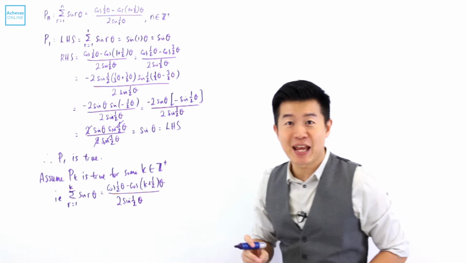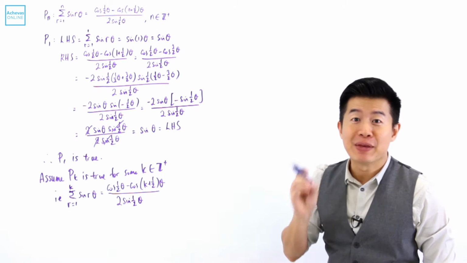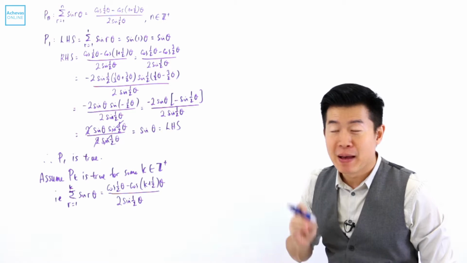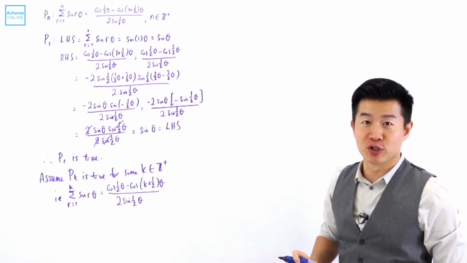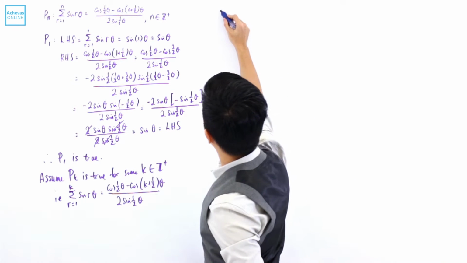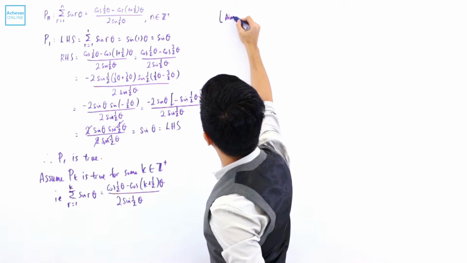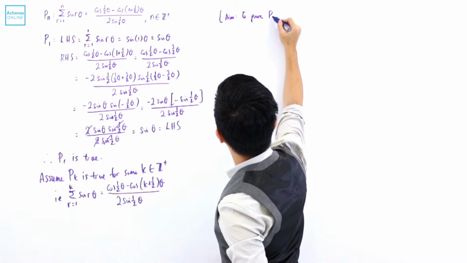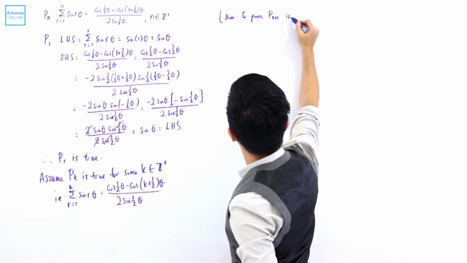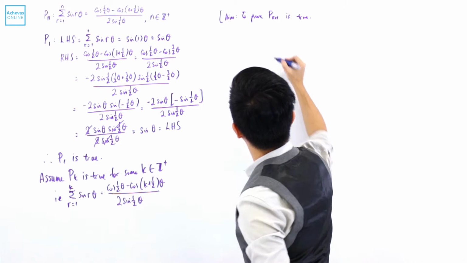And what is my next aim? My next aim is to prove that Pk plus 1 is true by making use of the fact that Pk has already been assumed to be true. So let me write down that aim here. My aim now is to prove that Pk plus 1 is true.